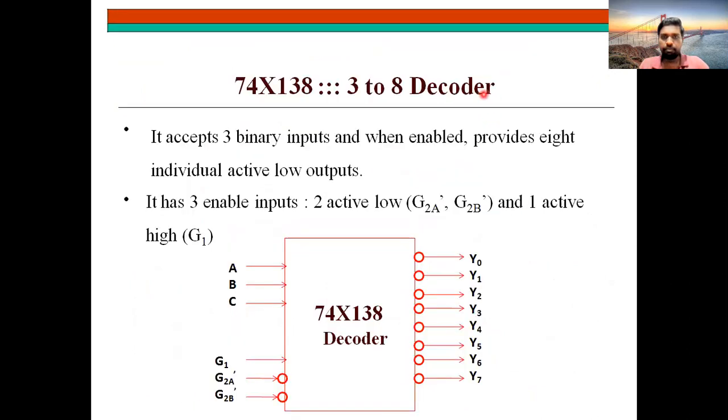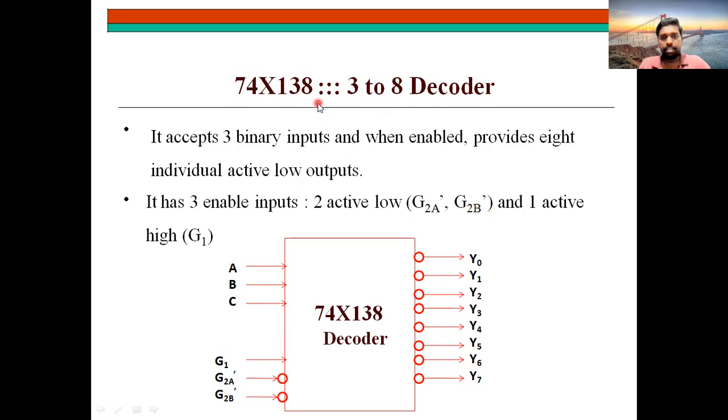Now there is a special decoder. This is the IC number of the 3-state decoder, the practical IC 74X138 that we use in the design of digital circuits. This IC represents the operation of a 3-state decoder. It's very important, 74X138.